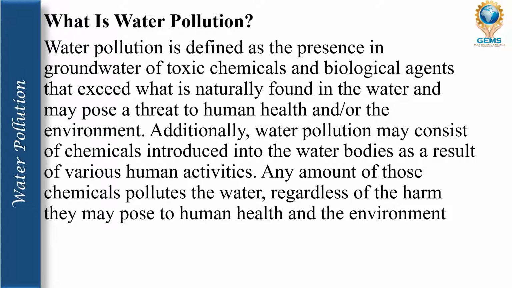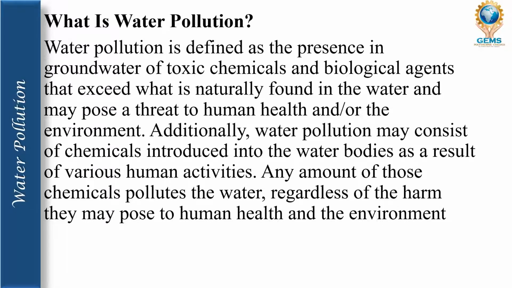Any amount of those chemicals pollutes the water regardless of the harm they may pose to human health and the environment. So basically water pollution is nothing but the presence of impurities, the presence of toxic chemicals which exceeds what is natural, which causes the water pollution.